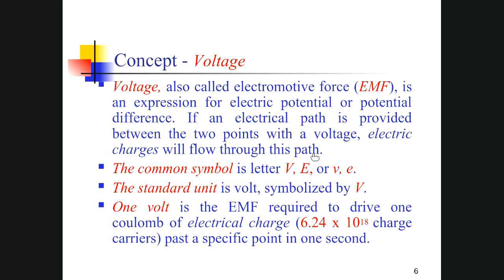Once again, the voltage is used to push the electrons to move through the two terminals. That's why we call it electromotive force. In many books, they use electromotive force to represent the voltage, which is more understandable.